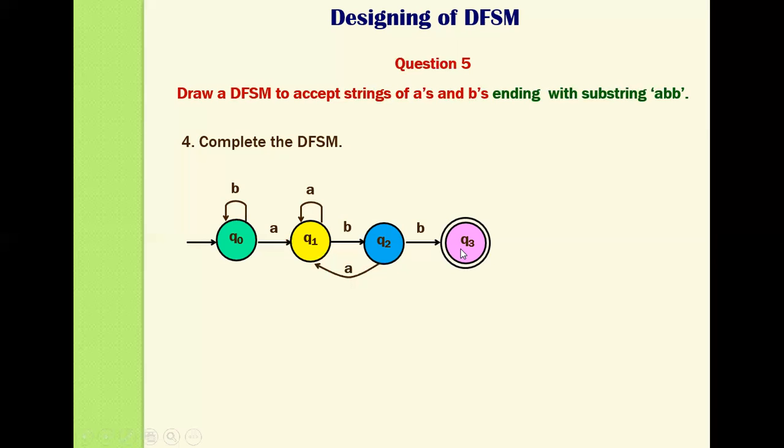Now Q3 upon A and B. So Q3 upon A, B, just like that, it has to try out with self loop. It is not possible. There is no forward transition. Try with the previous transition.